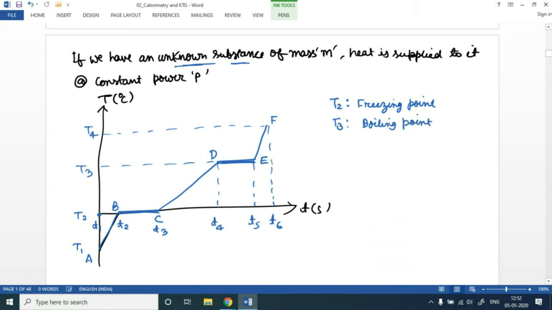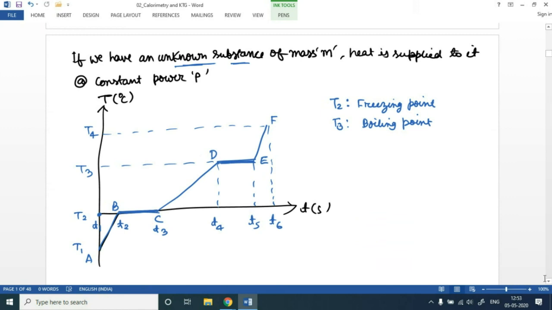So just by looking at these graphs, you can find out the freezing and boiling point of the material. Apart from that, I also want to find out its latent heat of fusion, its latent heat of vaporization, and the specific heat capacity of that material in solid phase, liquid phase and gas phase, etc.